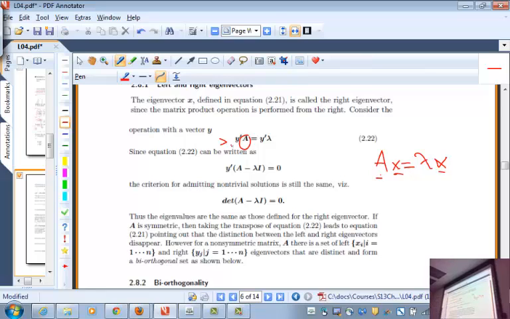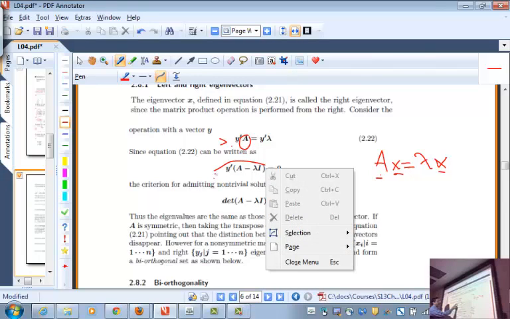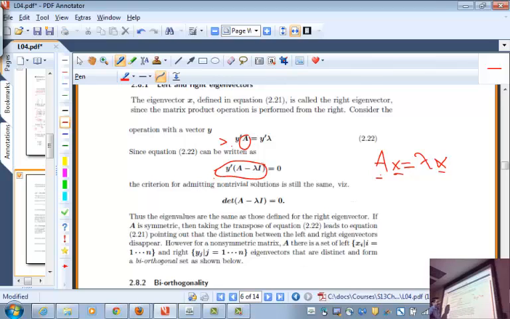This is called a left eigenvector. The eigenvalues are the same. You can move this to the left hand side and combine it as y transpose times A minus lambda I. Again, we don't want the y transpose to be trivial, so we make the determinant of this equal to 0.